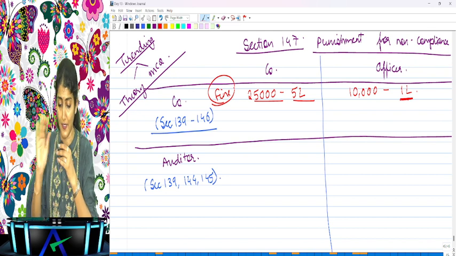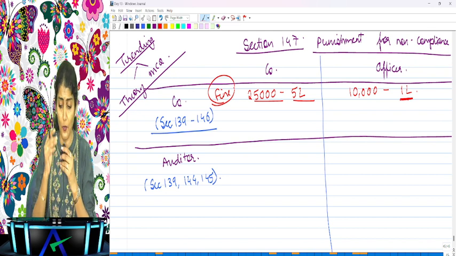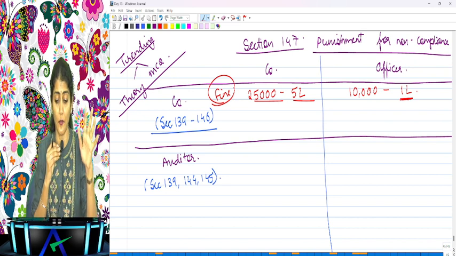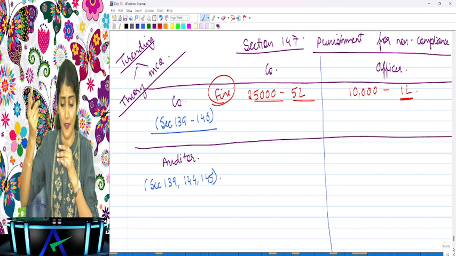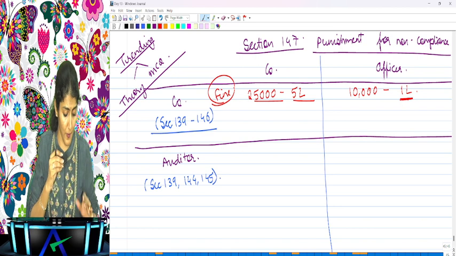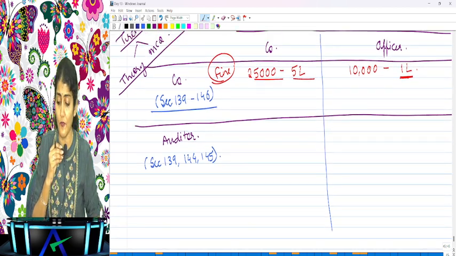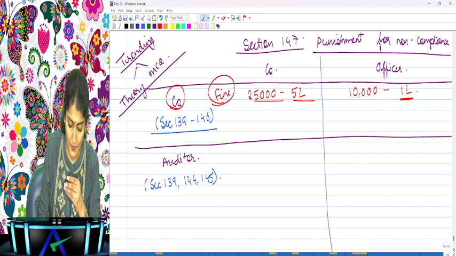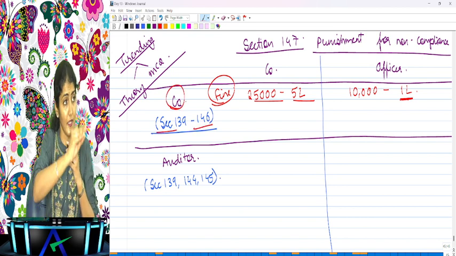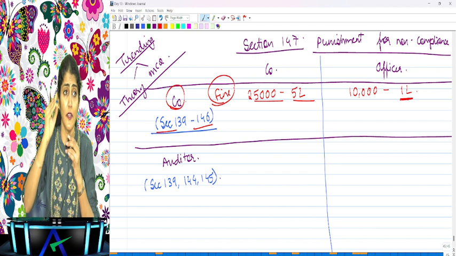No imprisonment, nothing. Not less than 25,000, but cannot exceed 5 lakh. And for every officer of the company, not less than 10,000, which may extend up to rupees 1 lakh, if the company has not complied with the provisions of section 139 to section 146, both inclusive.